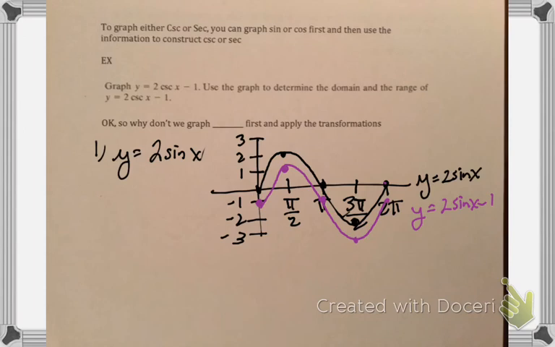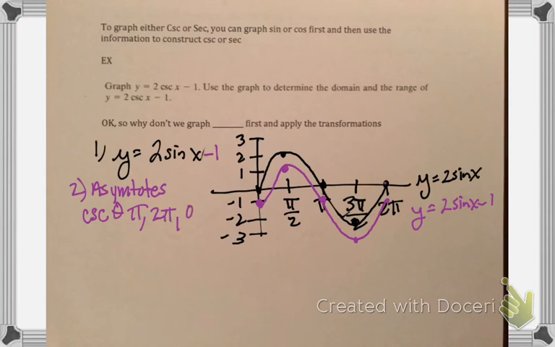I'm going to set up the asymptotes next because I've already graphed out sine. The asymptotes for cosecant occur at values of pi and 2 pi. And at 0 if we're going for that.